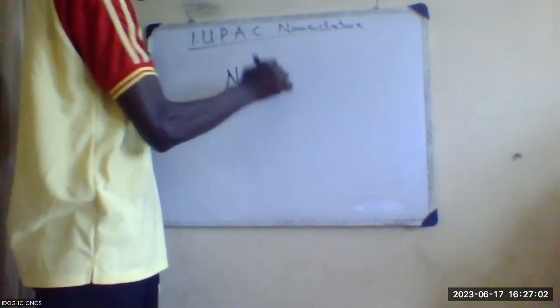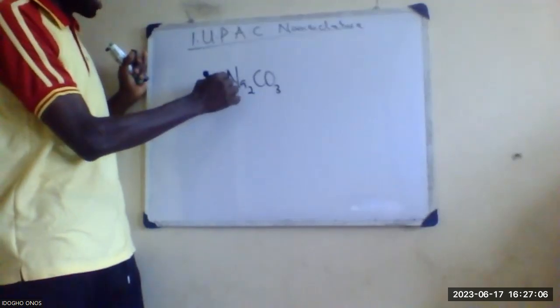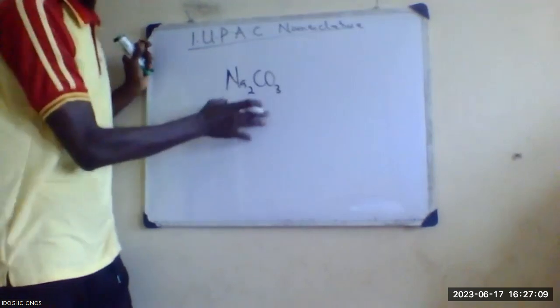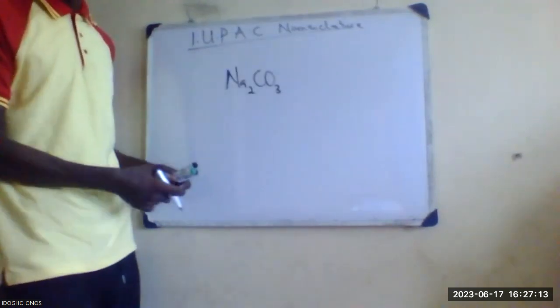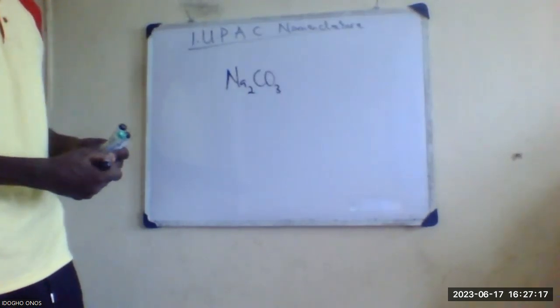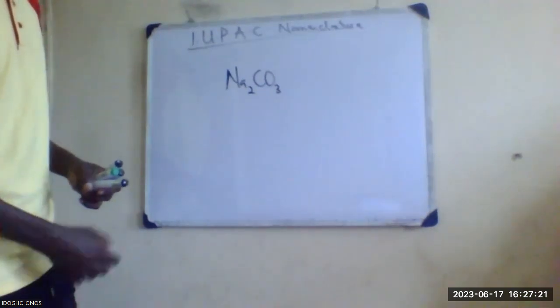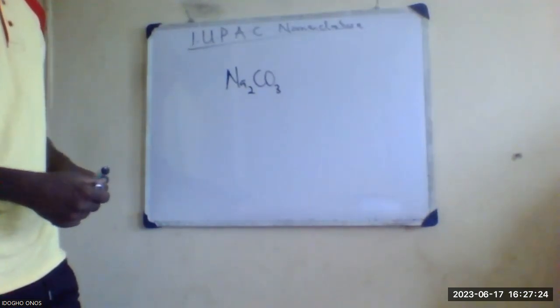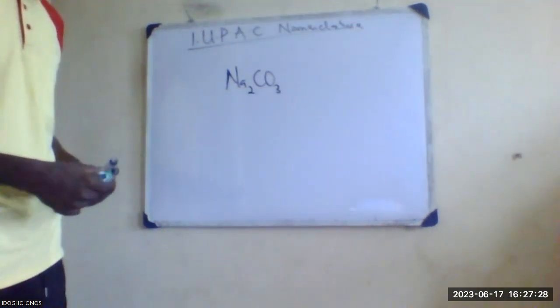If, for example, I have this, is this an organic compound? No. This is an inorganic compound, and it has its own systematic way of naming. Can you remember the method of naming this compound? Which one do I name first? The metal first. Sodium.